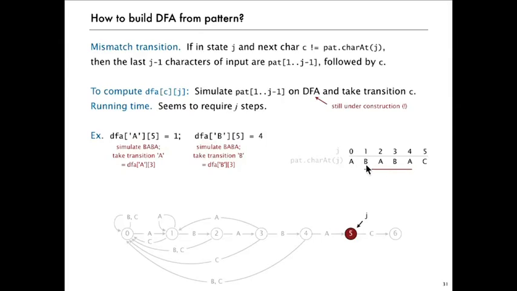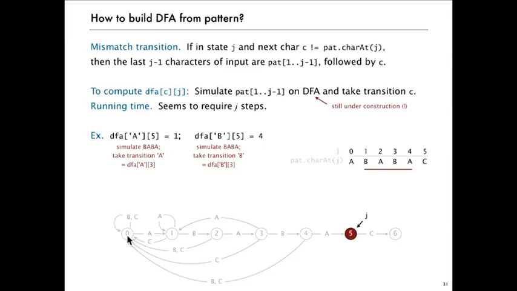So one thing that you could do is simulate the DFA that you have built on that part of the pattern, and then take the transition for the character that you just found. So let's look at this. Let's run this machine. If we had seen it on the text BA, that's what we want to do.